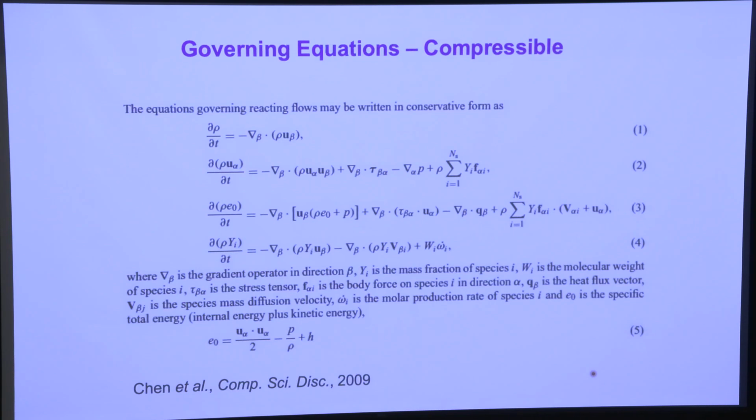And capital V sub beta I is the species mass diffusion velocity. And then omega dot I here is the molar production rate of species I. E naught is the specific total energy. So this is the kinetic energy plus the internal energy. And if you want details of this, they're provided in this reference below.